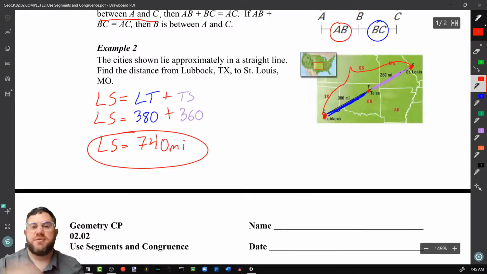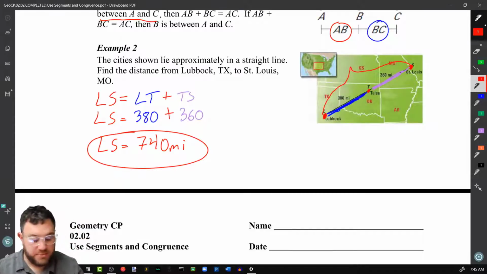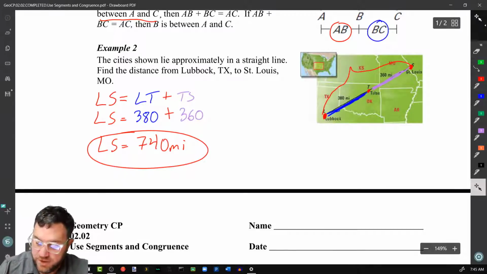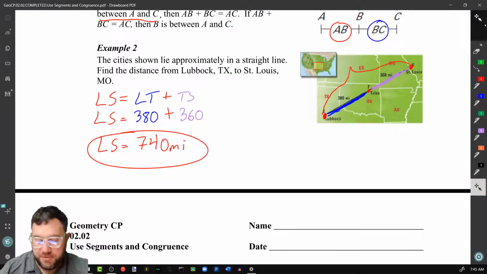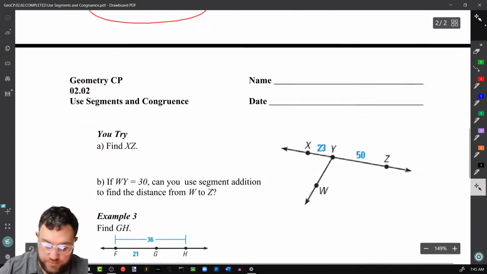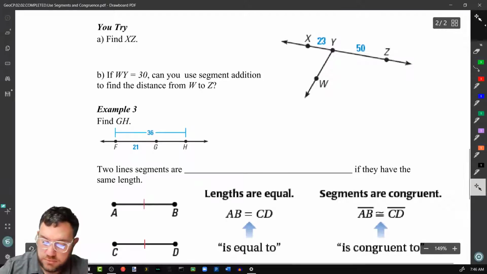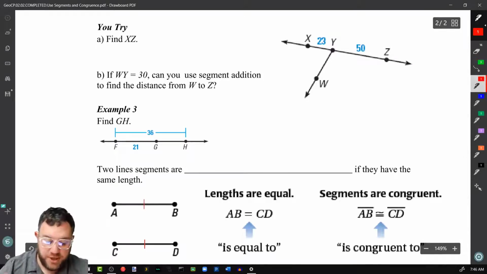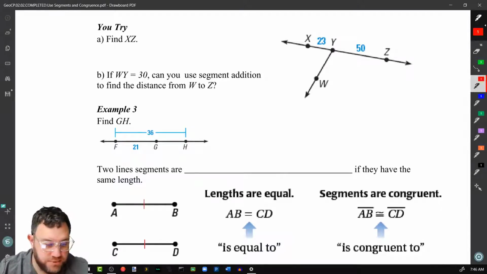So the distance from Lubbock, Texas to St. Louis, Missouri is 740 miles. And we got that by adding the two together. Again, you've been doing this before, but now we gave it a name. So take a moment, pause the video, and try these two problems, then I'll go over them.